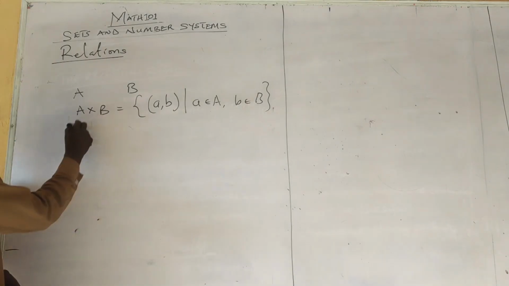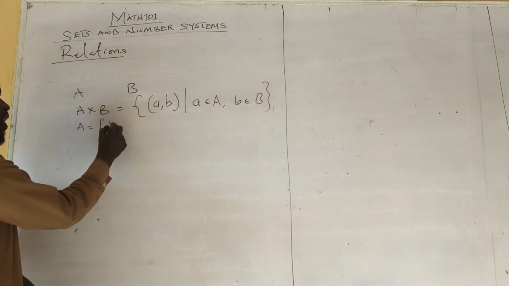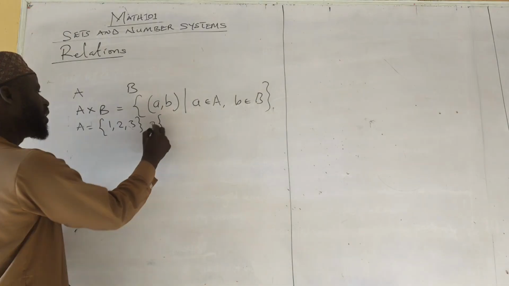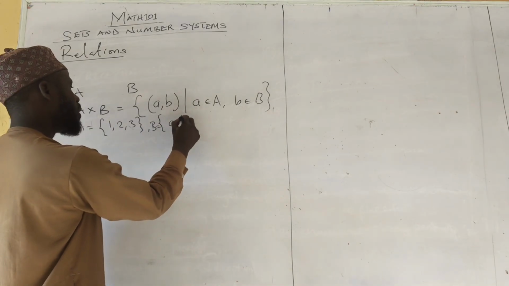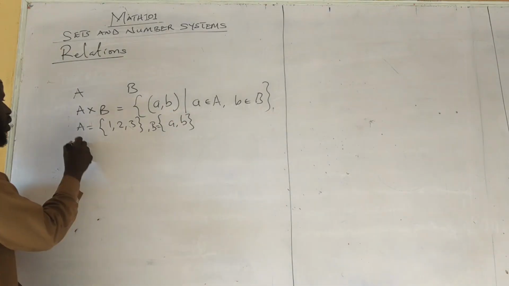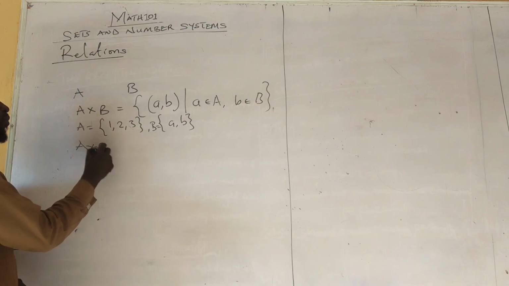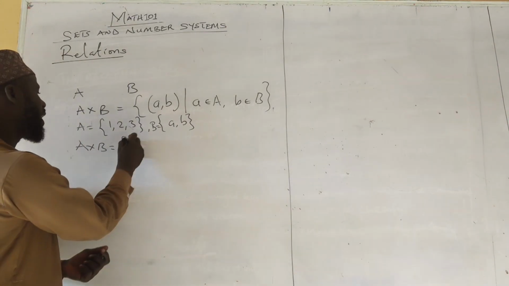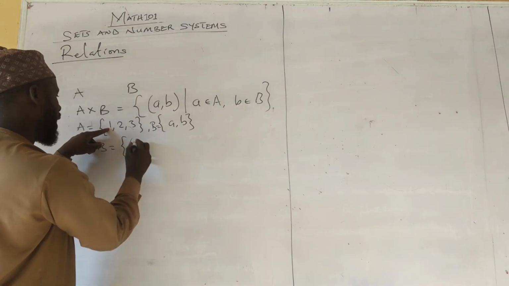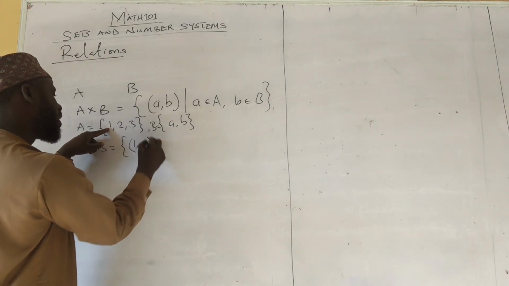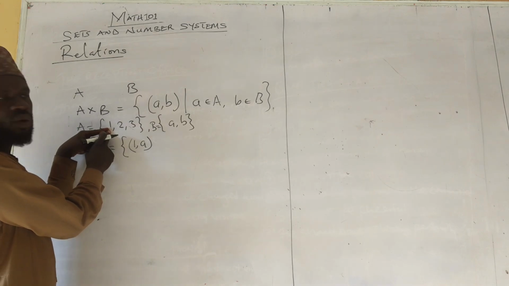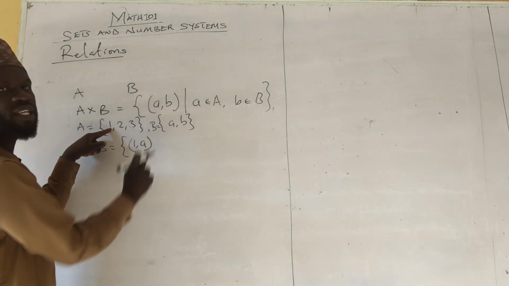If you have a set A equal to {1, 2, 3} and another set B equal to, say, {a, b}, then the Cartesian product of A and B is a set containing the ordered pairs (1, a). Remember, the first element is coming from the first set, while the second element is coming from the second set.